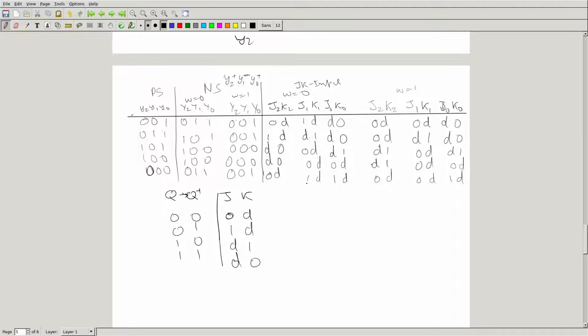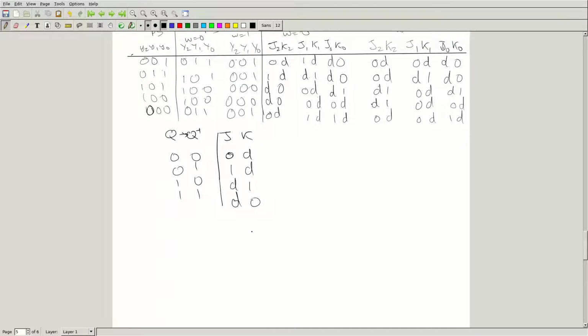So this will result in 12 K-maps, 3, 3, 6, and we'll need 12 K-maps, and then more K-maps for the output.